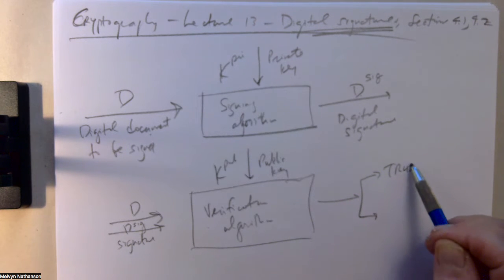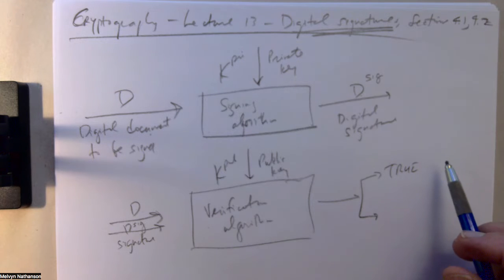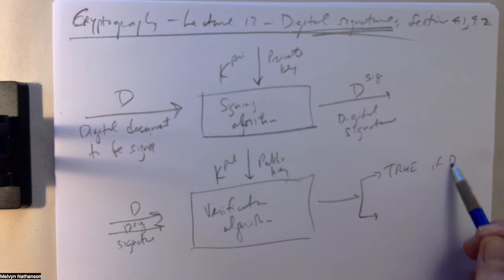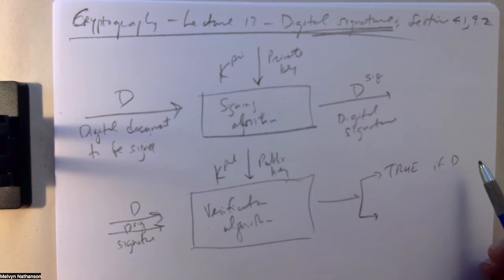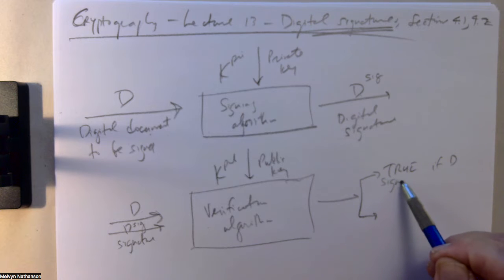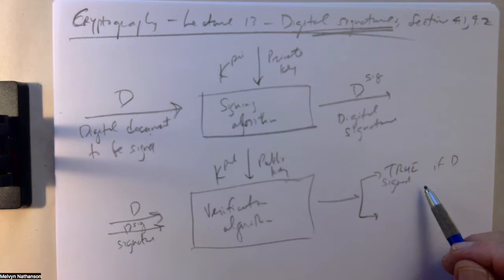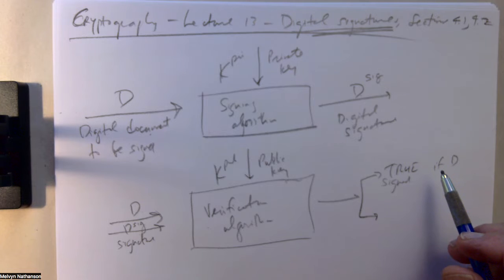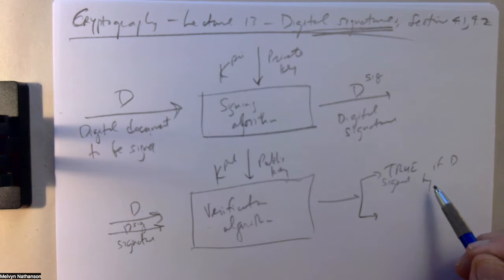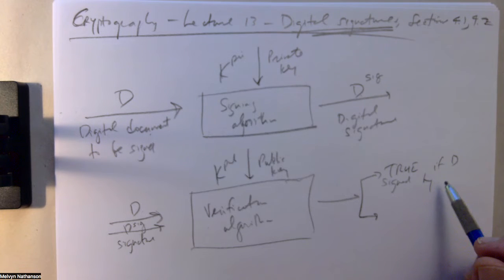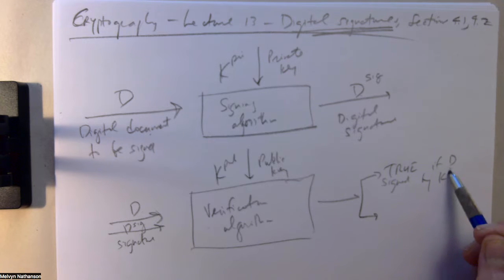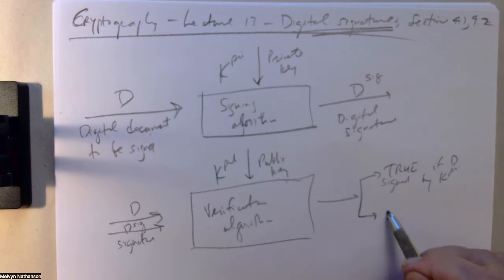True if D is really signed by the person who's supposed to have signed it with the private key, and false otherwise.